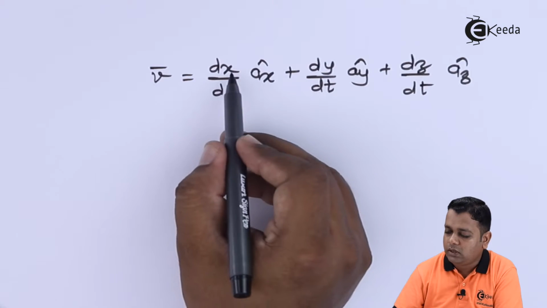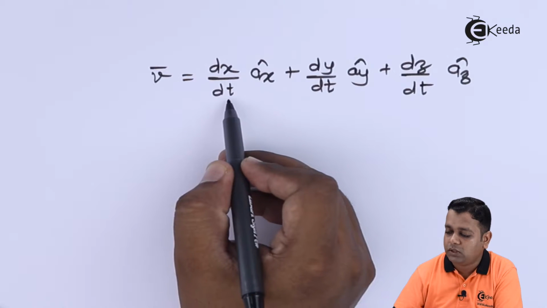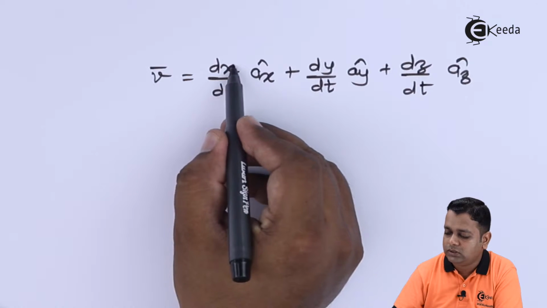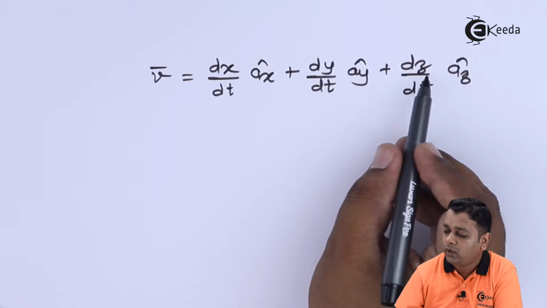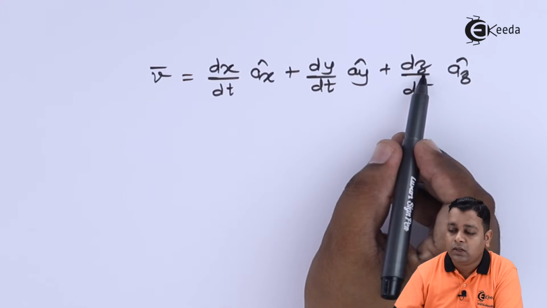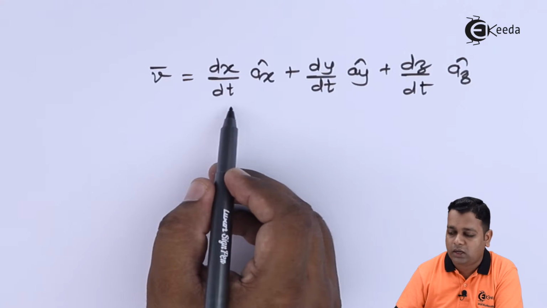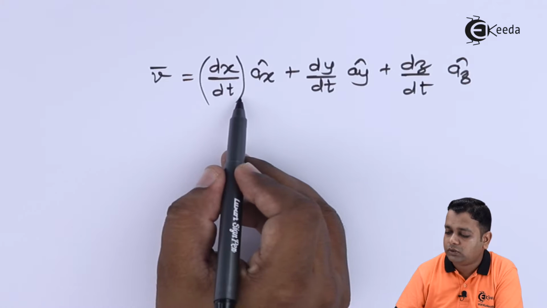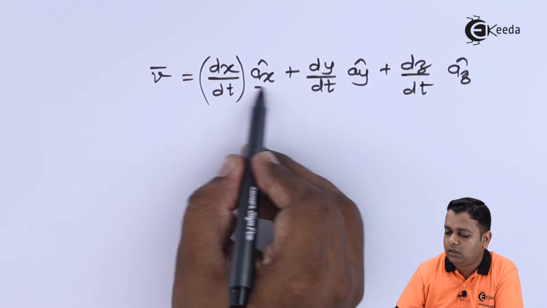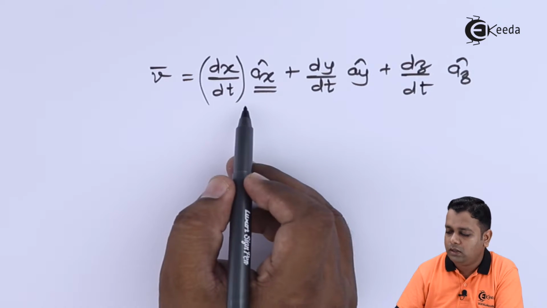This is actually the rate of change of distance with respect to time. So the distance change with respect to the x direction, the y direction, and the z direction, when differentiated with respect to time, is nothing but the velocity component in the direction of x, along with the unit vector ax cap, as we can express here.